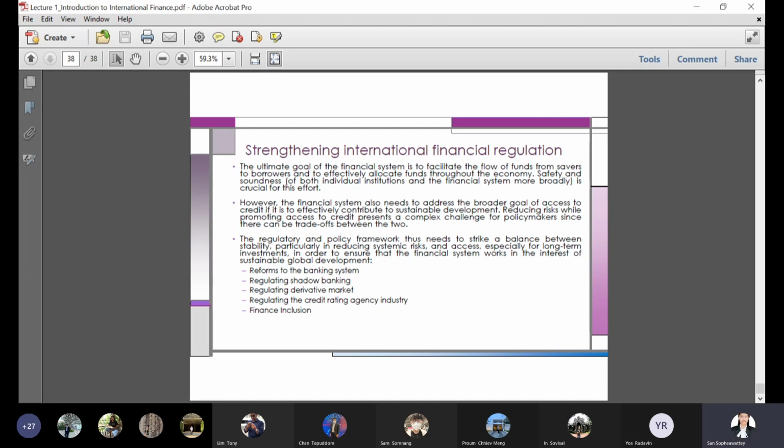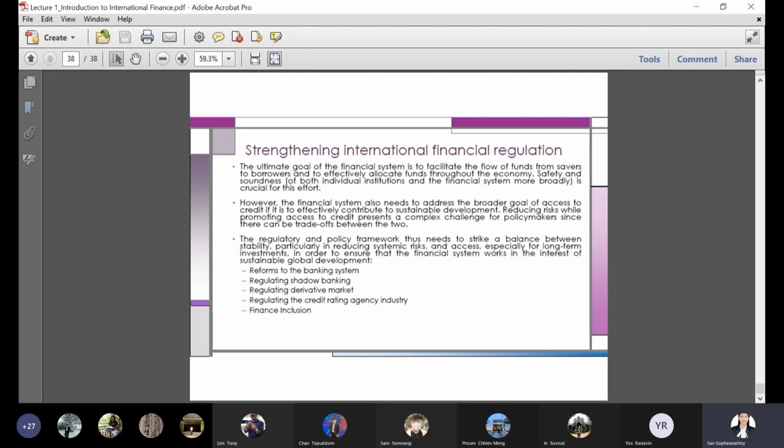At the same time, however, the financial system also needs to address a broader goal of access to credit if it is to effectively contribute to sustainable development. That's why I mentioned before that banks didn't care what sector they provided credit to, but now the big banks include ESG in their credit policy as well.